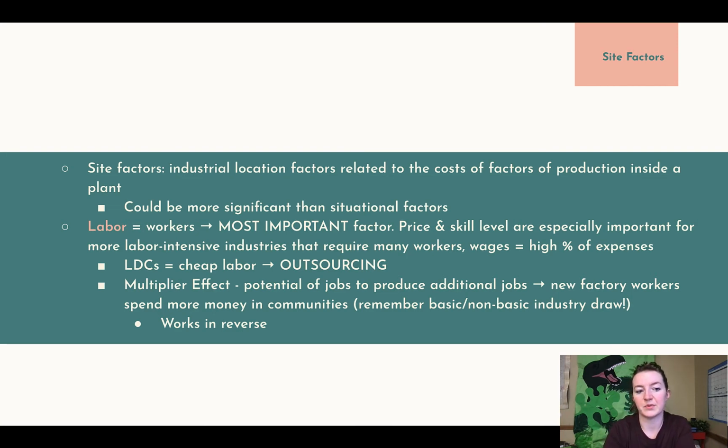So it's the cost of production inside the plant, which side is going to be more expensive. And this could be more significant than situational factors. So we think about situation a lot, but site sometimes can be way more important.